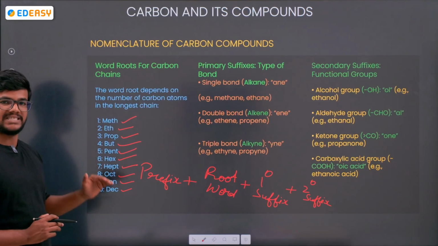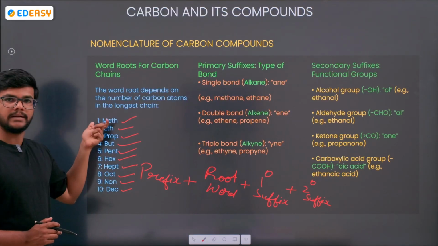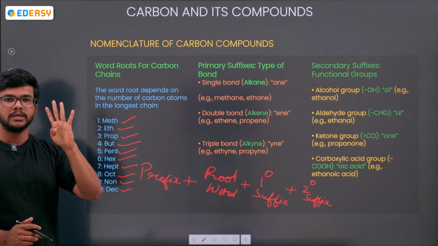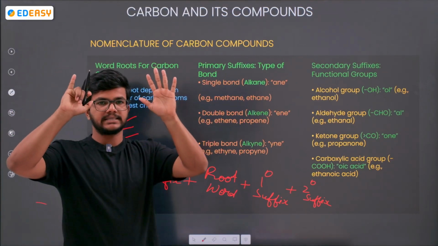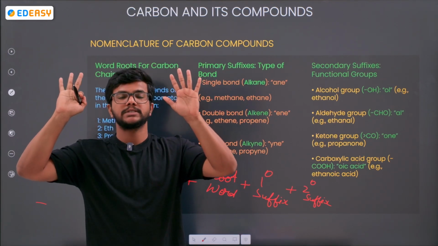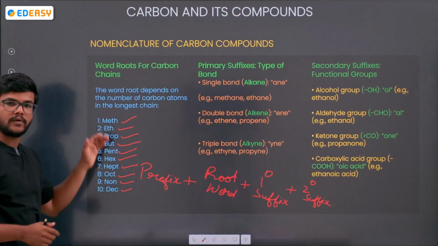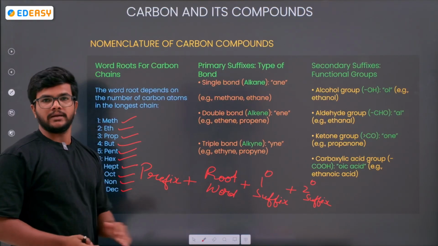As the number of carbons changes, the name also changes. So 1 carbon meth, 2 carbons eth, prop, but, pent, 6 carbons hex, 7 carbons hept, 8 carbons oct, 9 carbons non, 10 carbons dec. Okay, the number of carbons is the root word, which comes in the second position of the nomenclature.